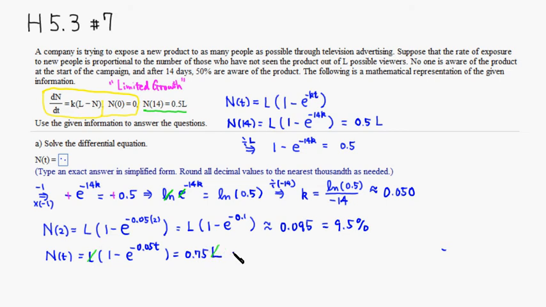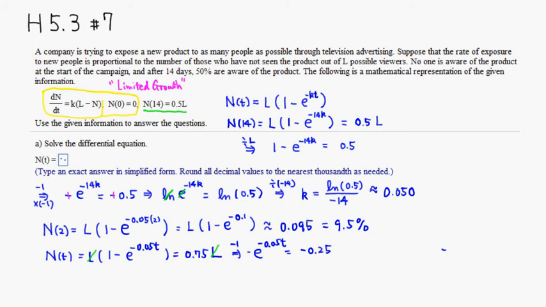So let's subtract 1, so you have e to the negative 0.05t is equal to negative 0.25.